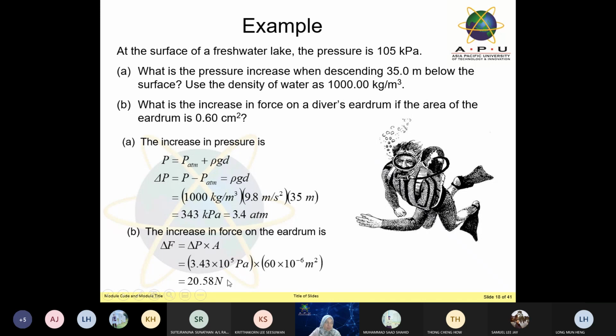Okay, so for this, it is change of P times A. And then A, this is 0.6 centimeter square. After converting to meter square, it becomes 60 times 10 to the power of -6.